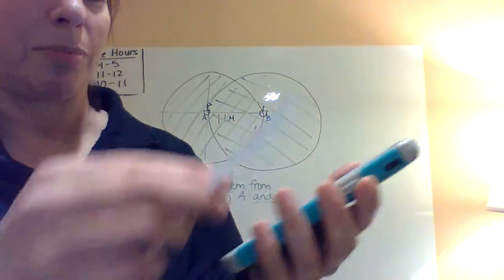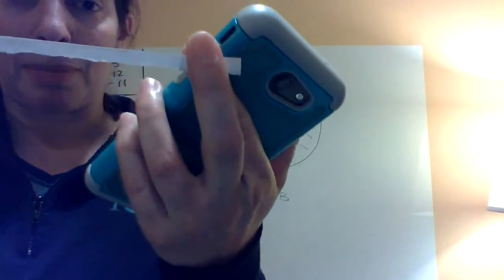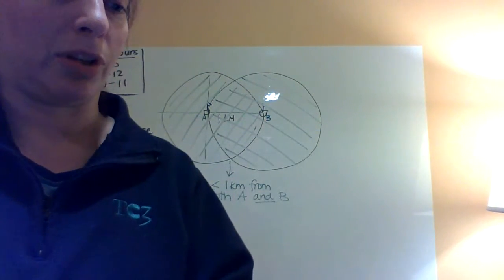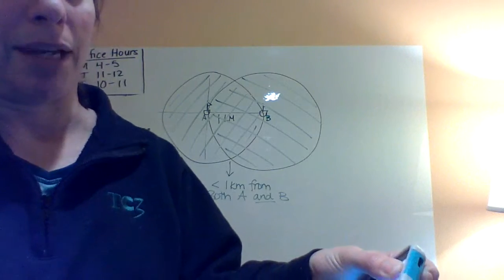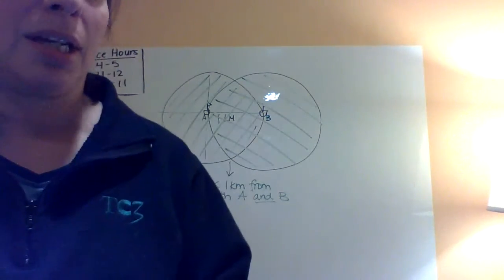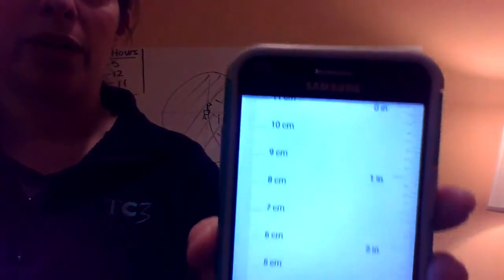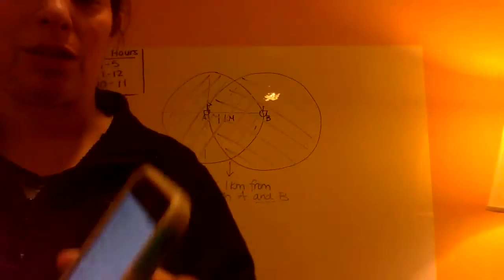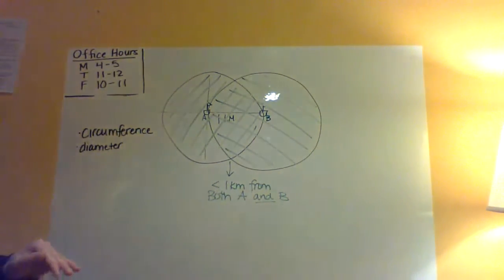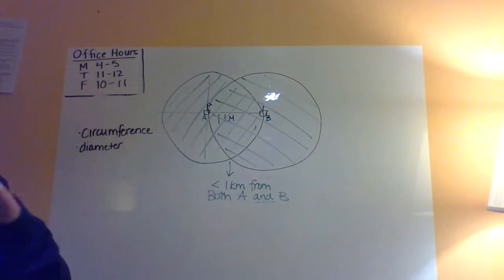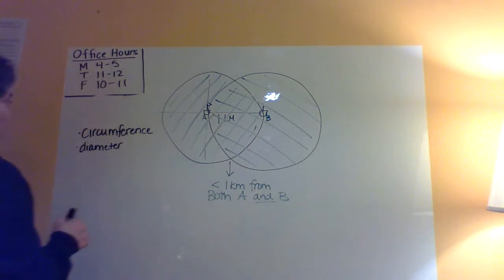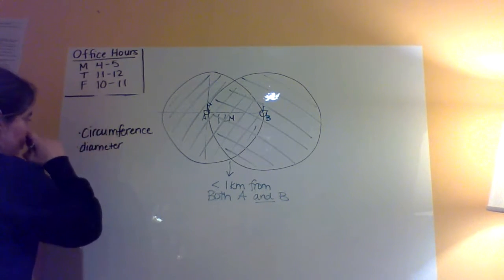So if I measured my diameter and I knew it went to here on my paper, then I could hold this up to this ruler. Now I might have to make a mark and then scoot the paper up, but that could measure it. I really don't care if you measure it in centimeters or inches, as long as you're consistent and really, really careful with your measurement. So try to be as precise as you can be, so you get the best measurement you can.